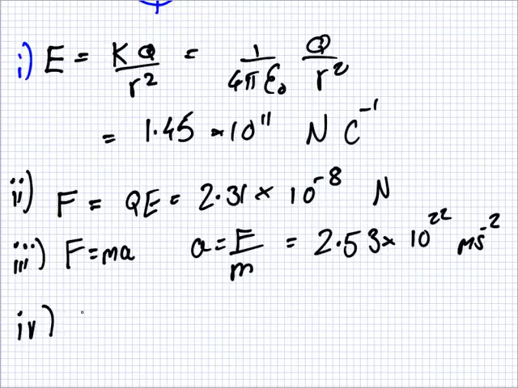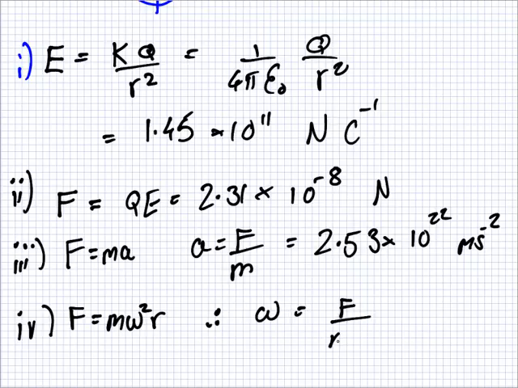Periodic time of the orbit of the electron. Yes. So you can say also that F equals m omega squared r, so that means that omega will be the square root of F over m r. So I have my force. But also, what's F over m?